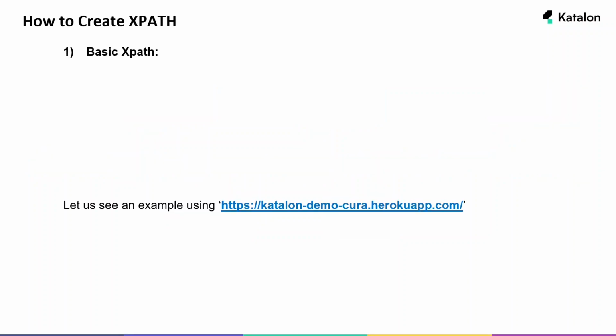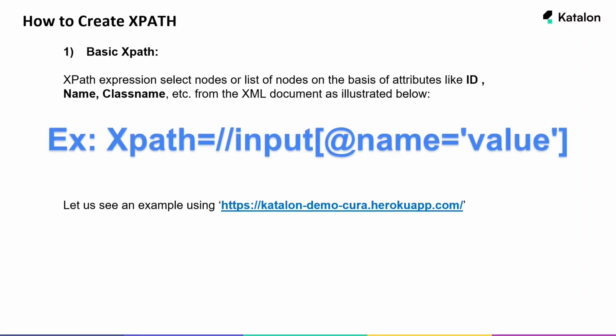Let us see our first method of creating XPath, which is basic XPath. An XPath expression selects nodes or a list of nodes on the basis of attributes like ID, name, class name, etc., from the XML document as illustrated below.